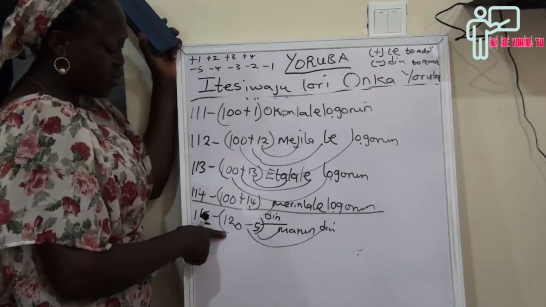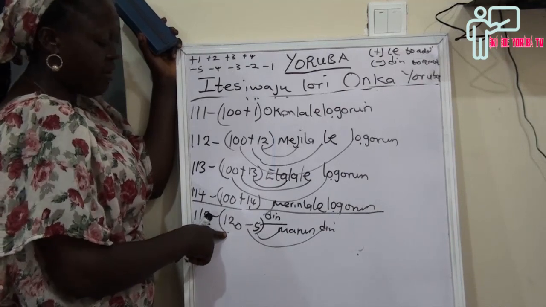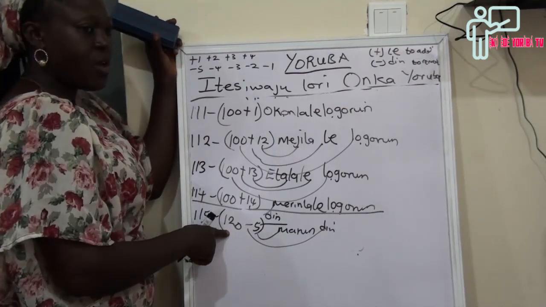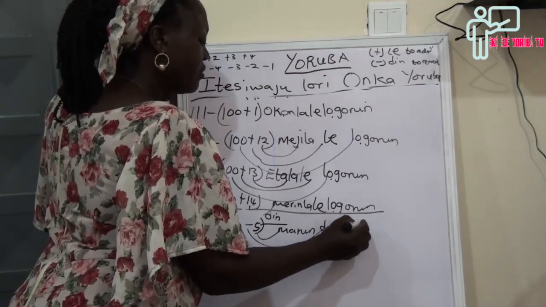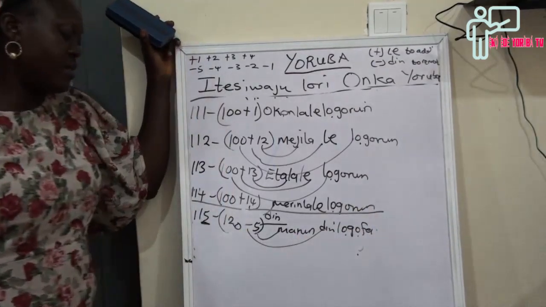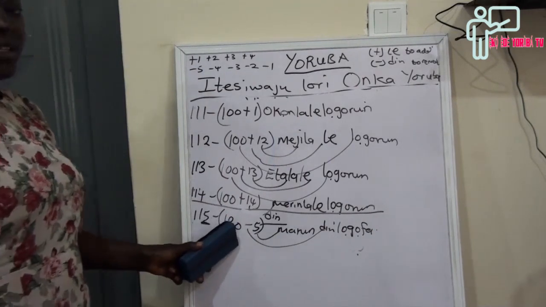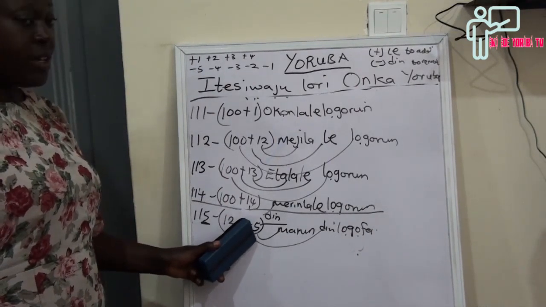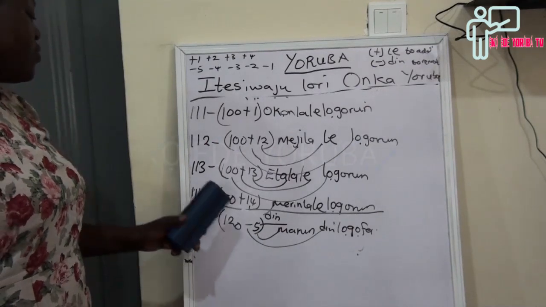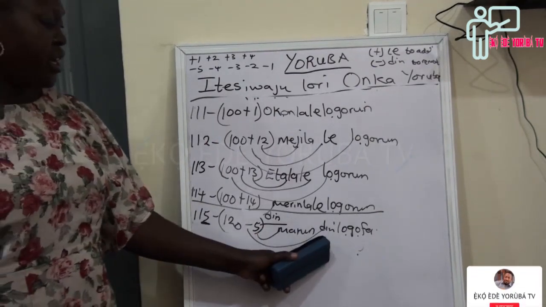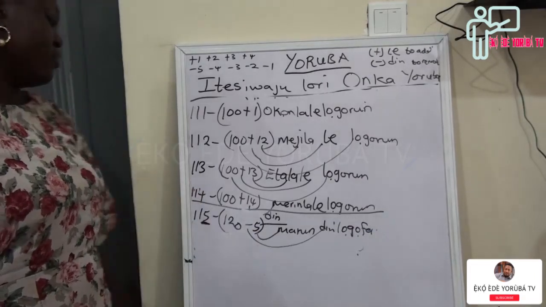What did I call this one? Ọgọ́fà. 120. We call it ọgọ́fà. Dín lọ́gọ́fà. You can see now. 120 minus 5. Now it gives us márùndínlọ́gọ́fà.